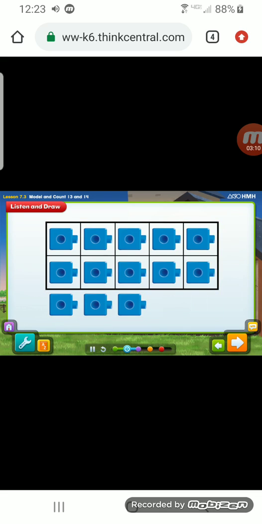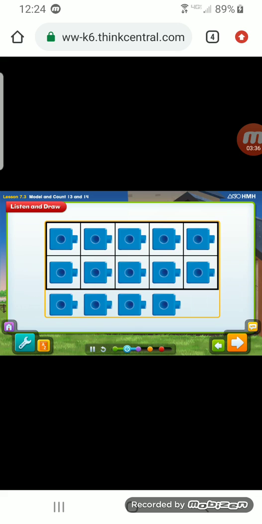Garrett picked one more box than Marcel. Click to place one more cube below the 10 frame. Now let's count to see how many boxes Garrett picked. The 10 frame is full, so we can count from 10. 10, 11, 12, 13, 14.